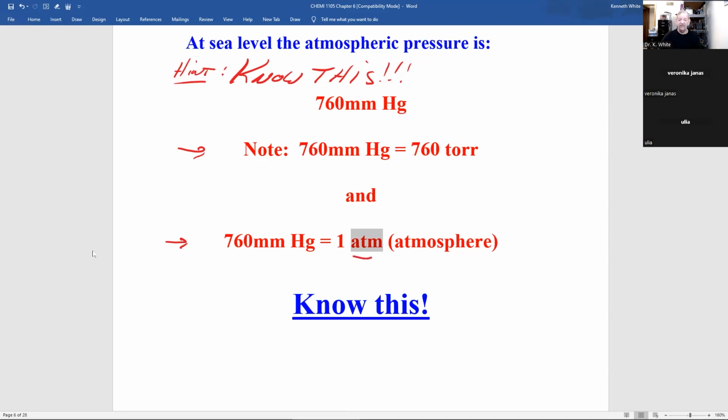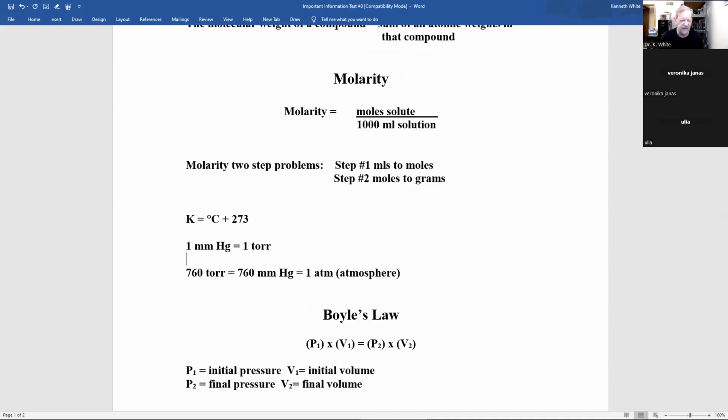Know this. Well, I even wrote it on this slide, but you don't have to memorize this. In the past, I would ask you to memorize it. Now you'll see here 670 torr equals 670 millimeters of mercury equals 1 atmosphere.